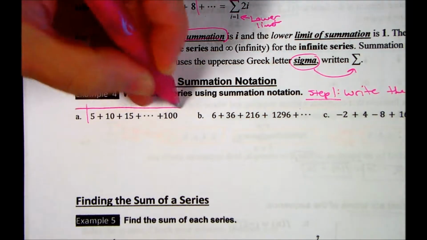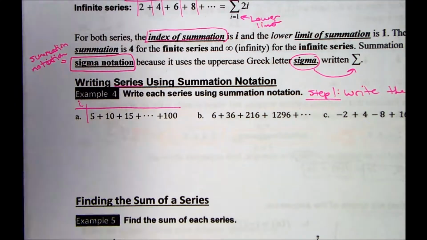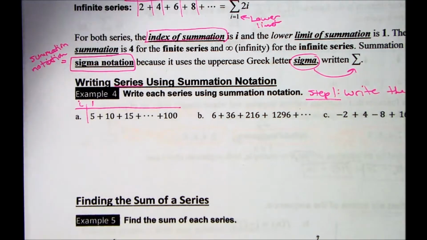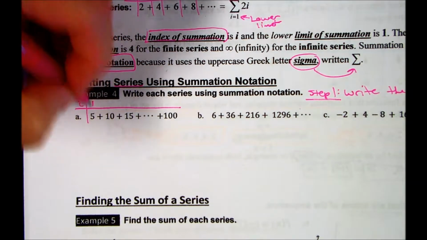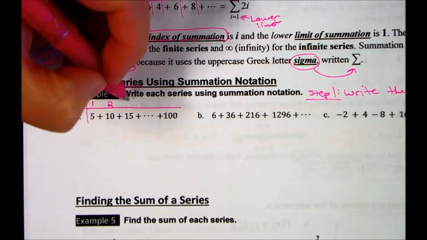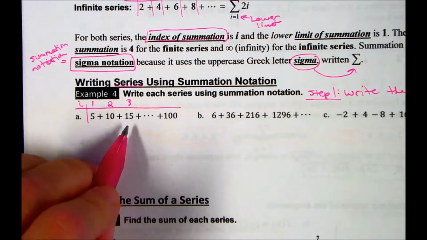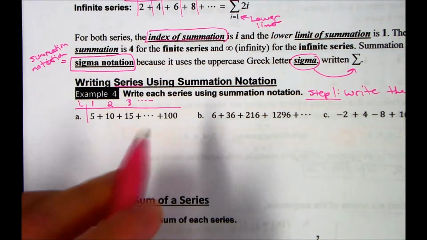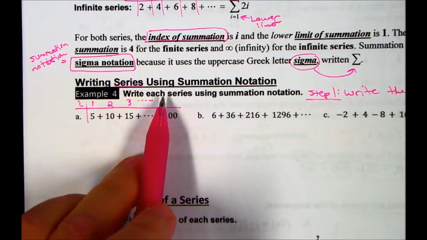A good way I like to do this is, let's say that's my I, or my index. The first number in my series is 5. The second number is 10. The third number is 15, all the way up to the nth number, which we would figure out.